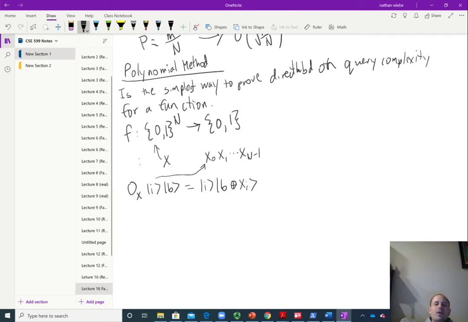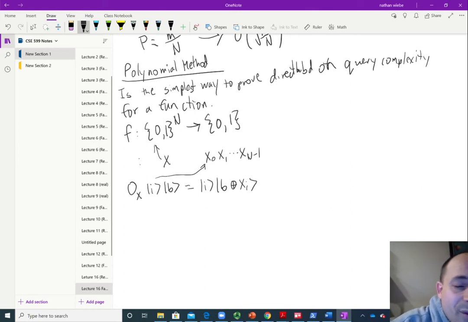So these are the resources that we're going to be assuming for the quantum algorithm, and we'd like to get an idea of how many times we have to look at these inputs to be able to compute a function.